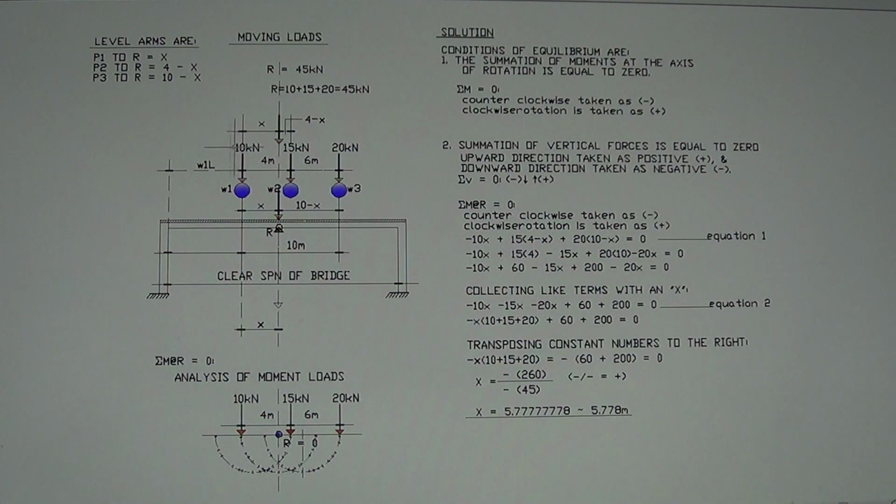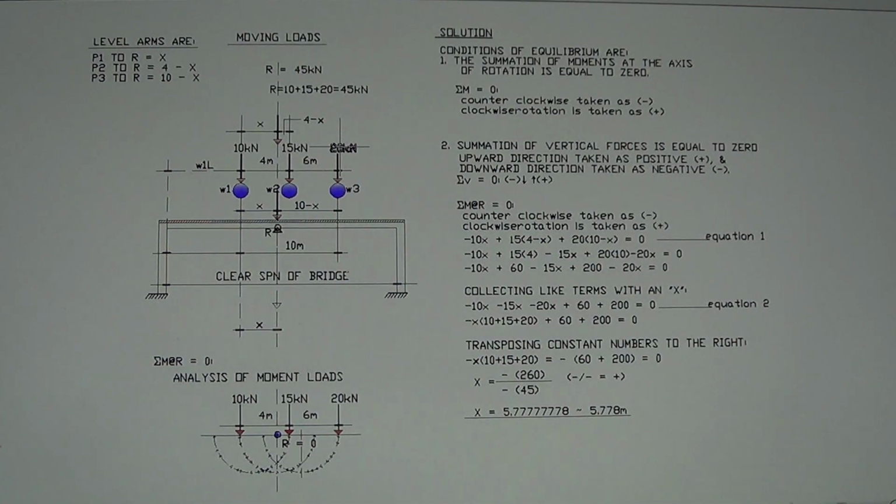Now when you take the moment, the 10 kilonewton is a counterclockwise rotation based on the moment right here, and the 15 kilonewton will rotate in a clockwise rotation, as well as the 20 kilonewton.